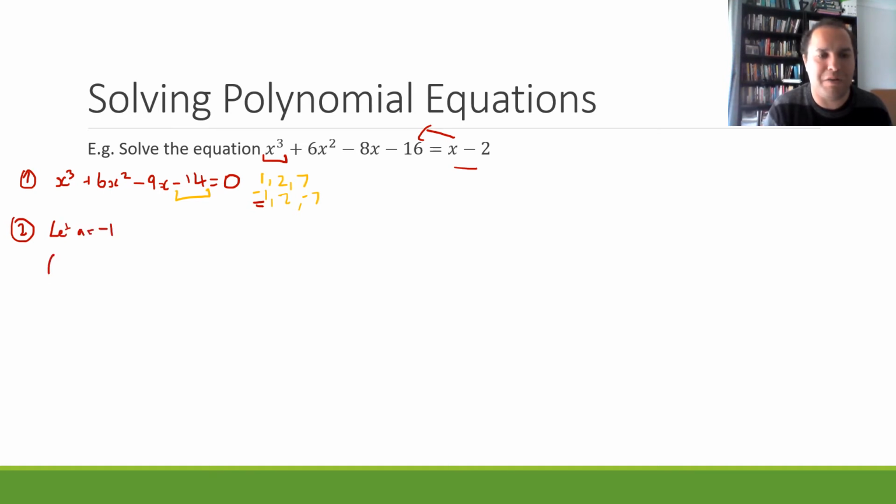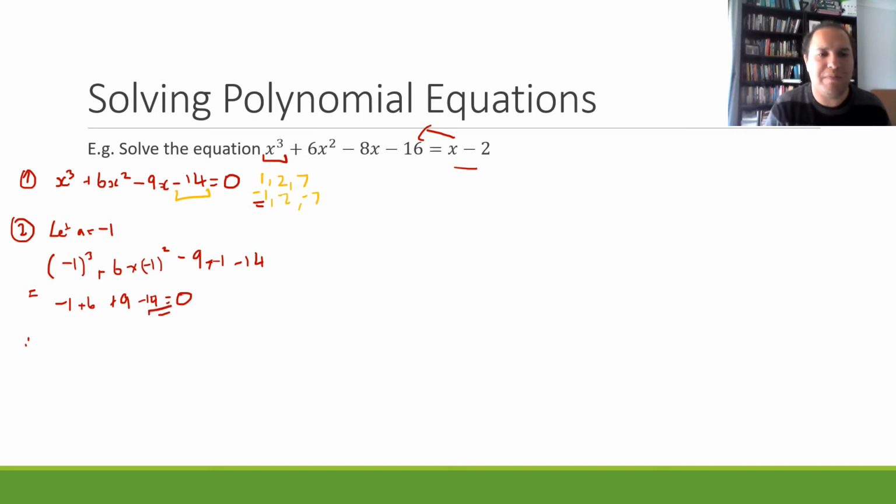So for our polynomial, negative 1 cubed plus 6 times negative 1 squared minus 9 times negative 1 minus 14 equals negative 1 plus 6 plus 9 minus 14, which equals 0.